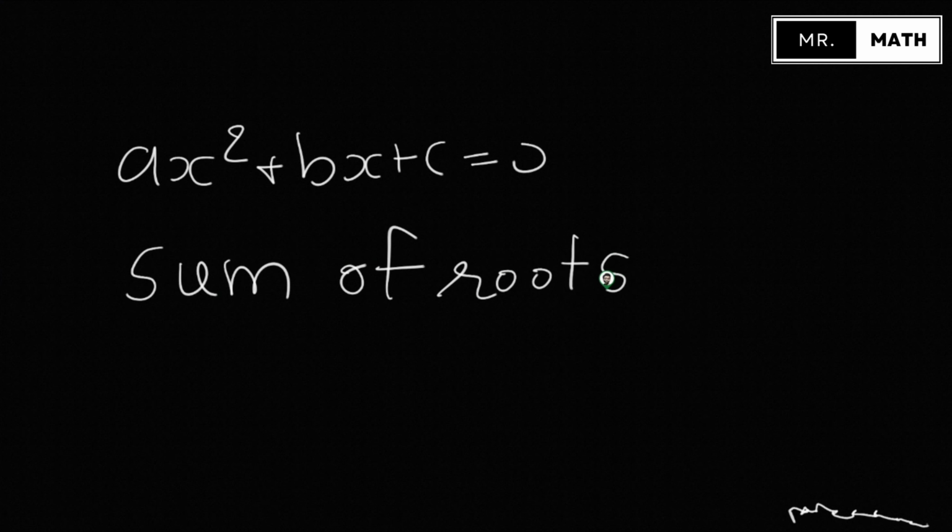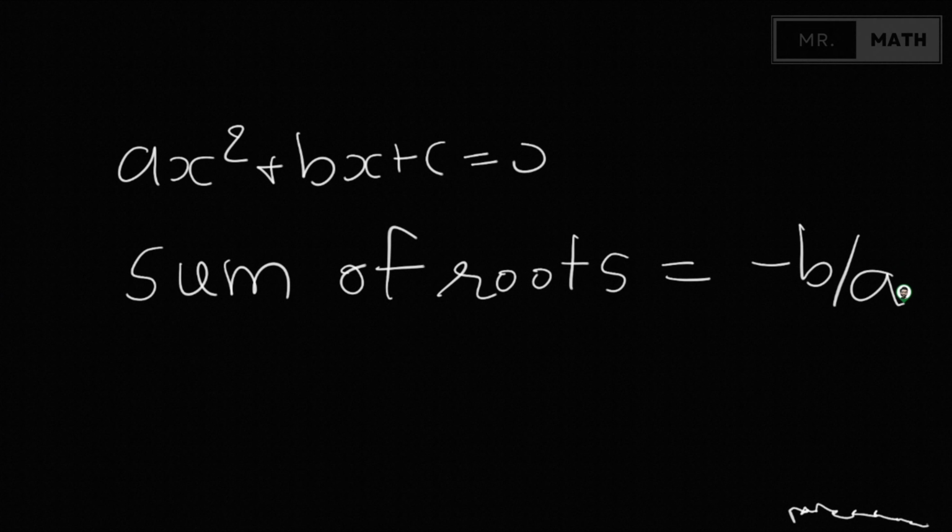Sum of roots is minus b by a. So if you are given any equation and you are told to tell the sum of the roots, then you don't need to find both of the roots and add them.